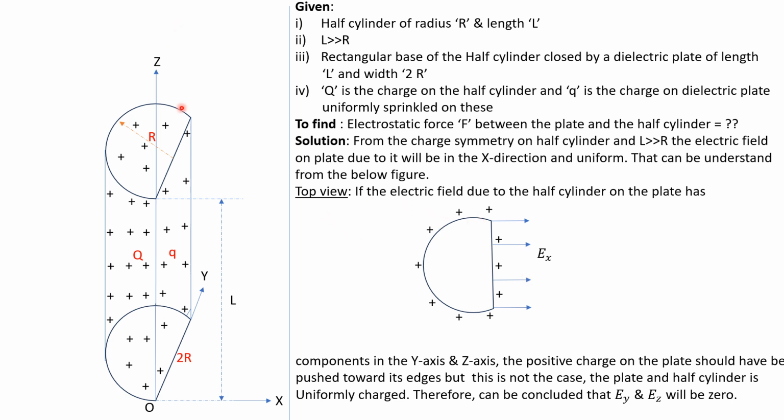If you are looking from the top, we have taken the x-axis in this direction, y-axis in this direction, and z-axis in this direction for convenience. Now if we see from the top, we can see this section, because all the cross sections will be like this for the half cylinder.